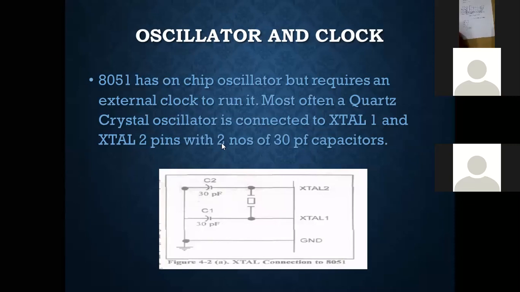This crystal has two legs as we have discussed, and these two legs are connected to the ground through these two capacitors. These two capacitors are used for the stabilization of the crystal output. Clear?